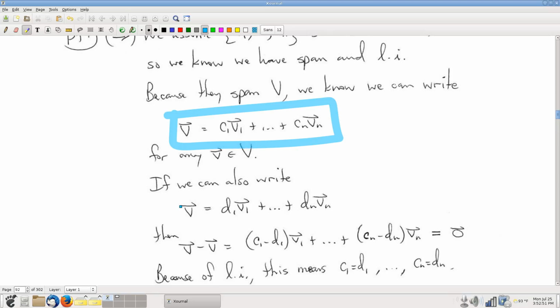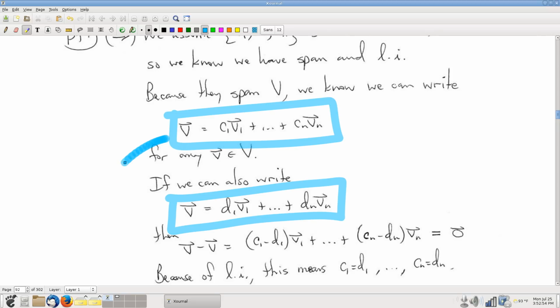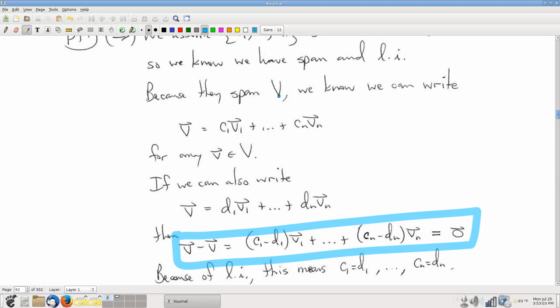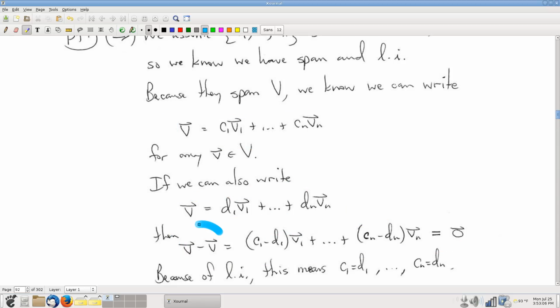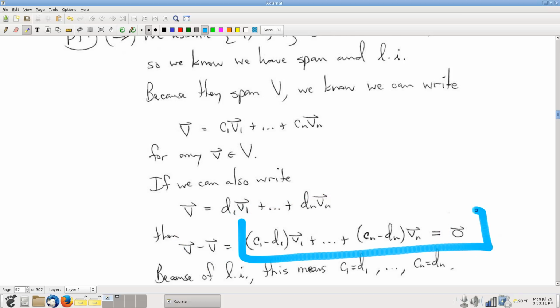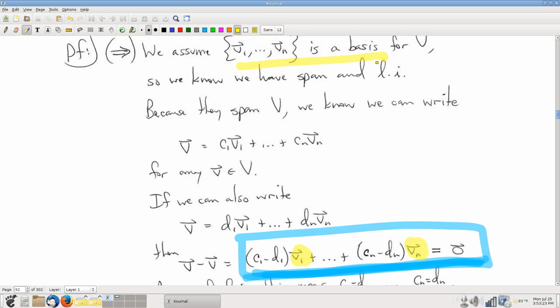This is what we want to eliminate, because we want to be able to conclude uniquely expressible. Well, here's the thing. If this were true and simultaneously that were true, then I could subtract those two equations from each other, and that gives me this. And, of course, V minus V is the zero vector. What that means is that we have a linear combination of these basis vectors, which are known to be a basis, and this is a linear combination that adds up to 0.